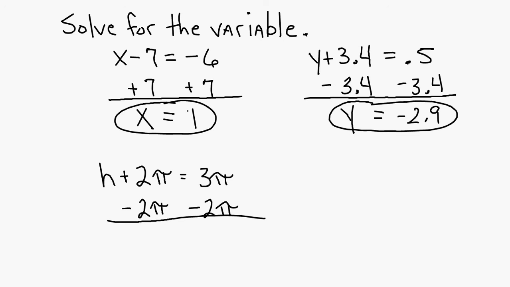The h falls straight down. The equal sign comes straight down. What's 3 pi minus 2 pi? 1 pi, exactly. Now, 1 pi is written as just the pi symbol. Okay? It's implied that there's a 1 in front of it. You don't have to write it. 3 pi minus 2 pi is 1 pi. There's your answer.